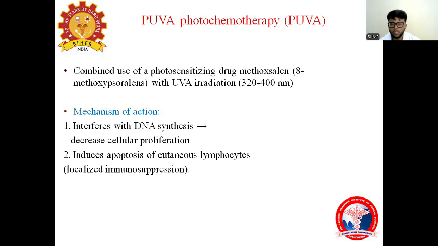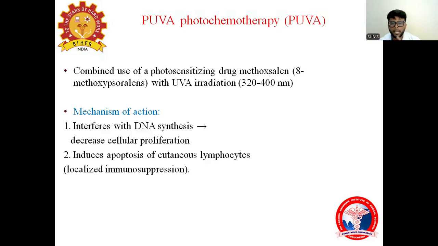PUVA is nothing but combined photochemotherapy, so the psoralen is given along with UVA. UVA accounts for 320 to 400 nanometers, whereas NB-UVB is 311.